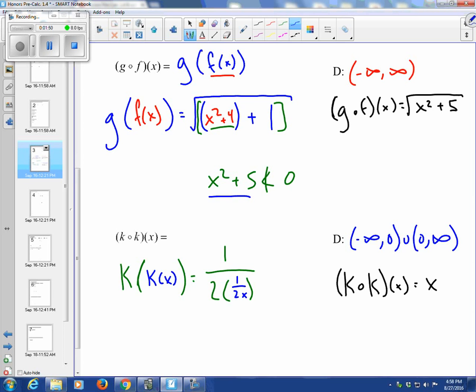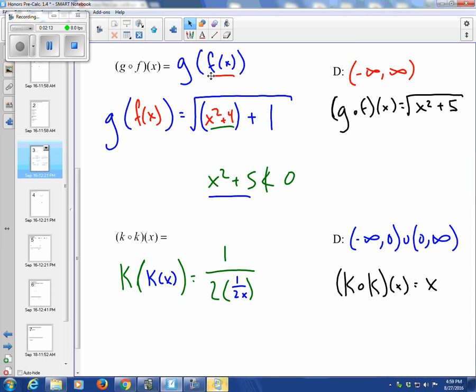And so we would say that the domain would be from negative to positive infinity for our g of f of x, and the simplified equation would basically just be us taking down those parentheses and combining the plus 4 and the plus 1 to give us plus 5 underneath that square root.